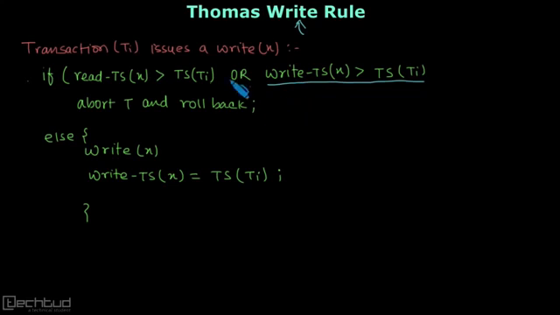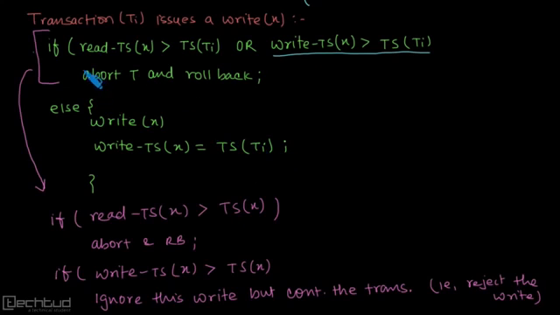So we will write it differently again. This is the main modification. I have written it separately. If the read timestamp is greater than the timestamp of the transaction, the first condition, then we abort it. For this X, it has a read timestamp and also a write timestamp, and now transaction Ti comes.